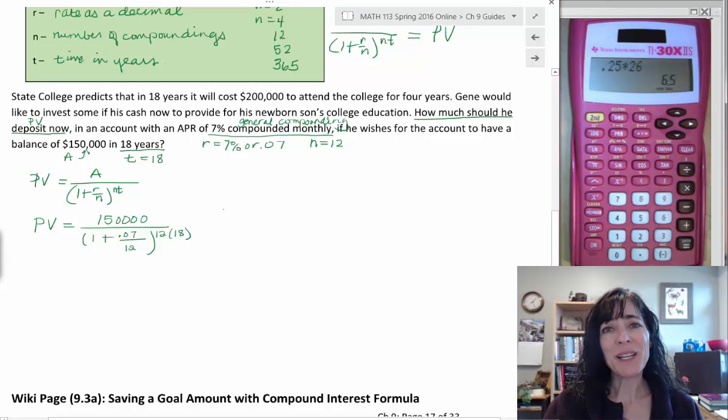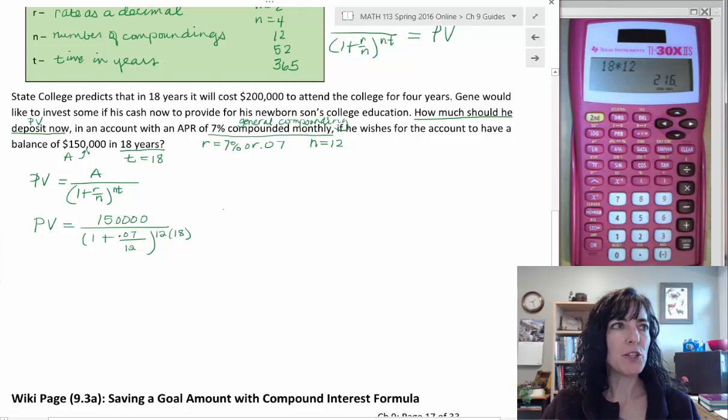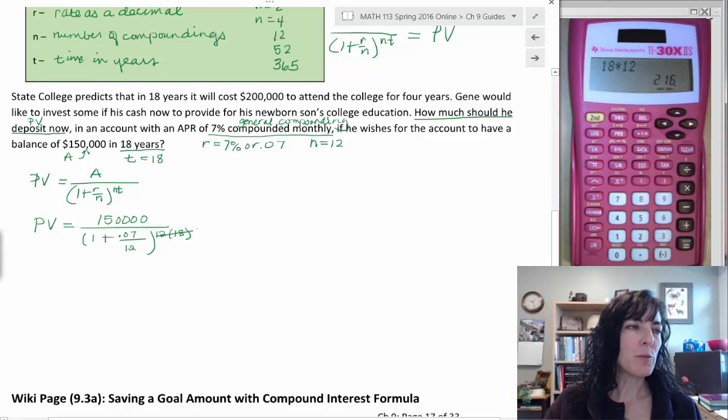Now I don't know 18 times 12 by heart, so I am going to multiply that first on my calculator, and I get 216. So I'll put that in, 216, and then I can go ahead and calculate the other parts. I will calculate the whole denominator, and then I will take 150,000 divided by answer.